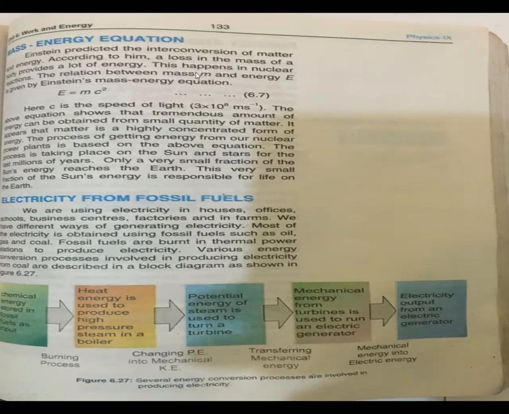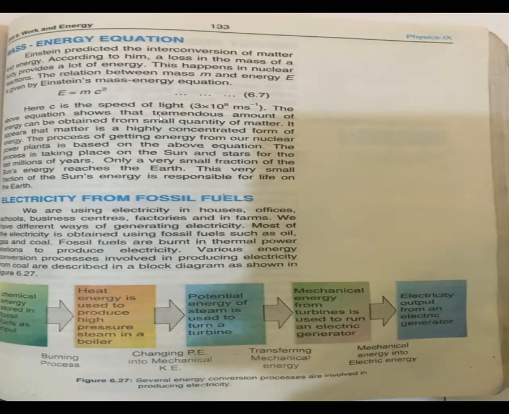The relation between mass m and energy E is given by the Einstein mass energy equation. E is equal to mc square is called Einstein mass energy equation because it was developed by Einstein. That's why it is named after him. E is equal to mc square, where E is the energy, m is the mass, and c is the speed of light. The speed of light is denoted with small c, and its value in air is 3 into 10 to the power 8 meter per second.